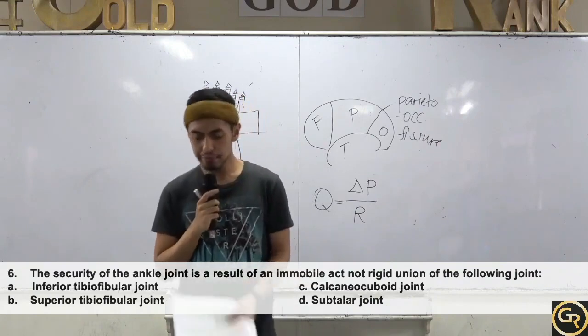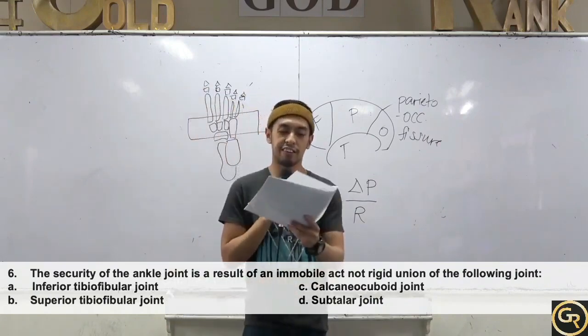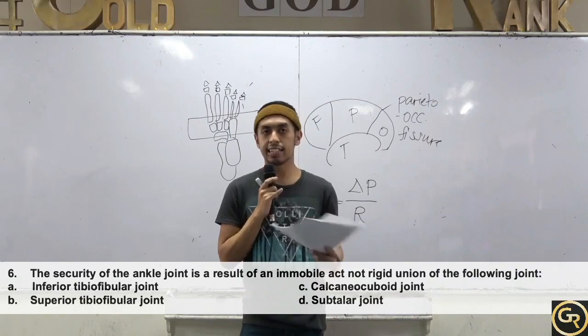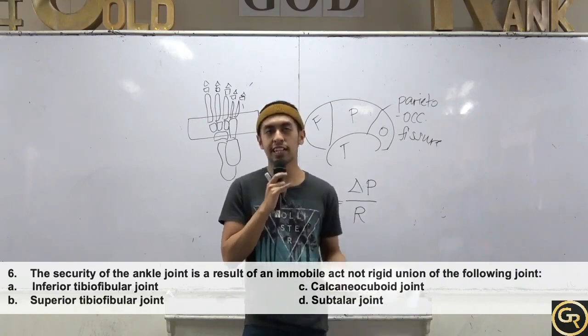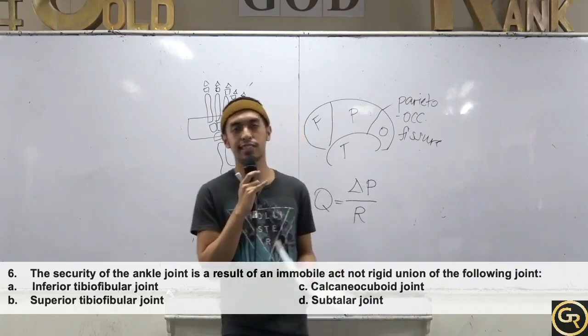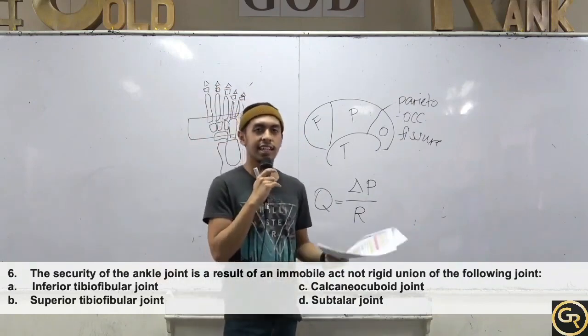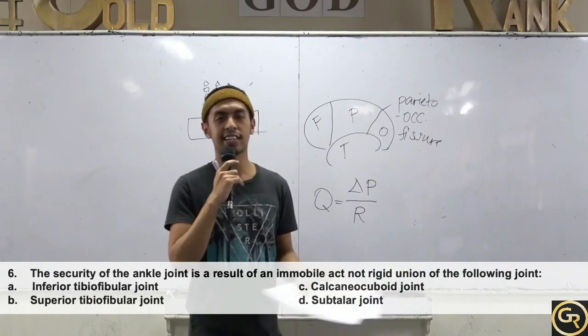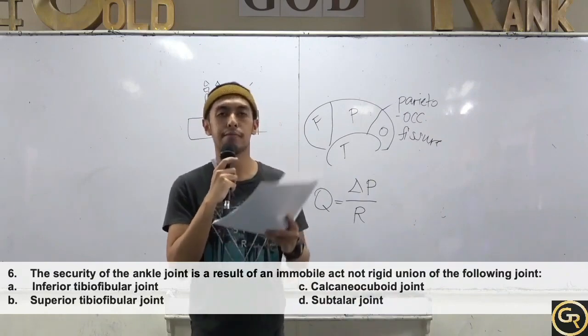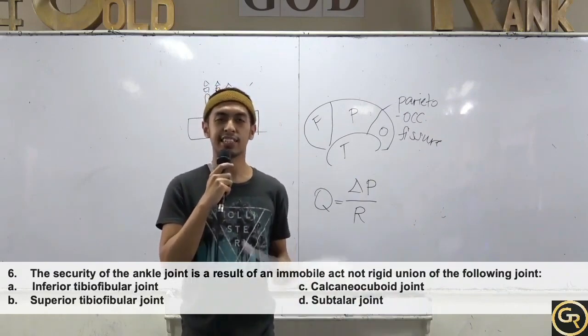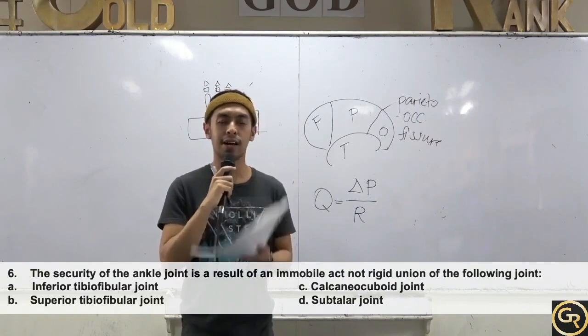Tama po ba? Because if you can remember, your inferior tibiofibular joint is actually a syndesmotic joint. Okay? It's a syndesmosis type of joint. Okay, and we know that your syndesmosis is a synarthrodial joint wherein there is only minimal movement. Okay, that is required. Okay, hindi niya kayang gumalaw masyado.